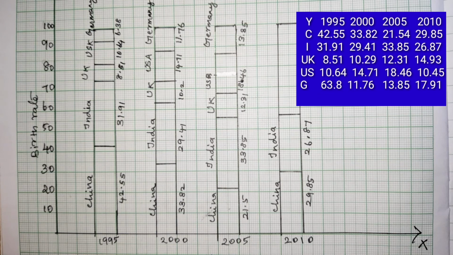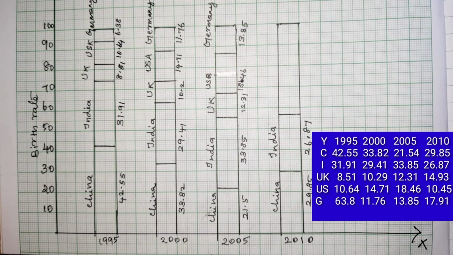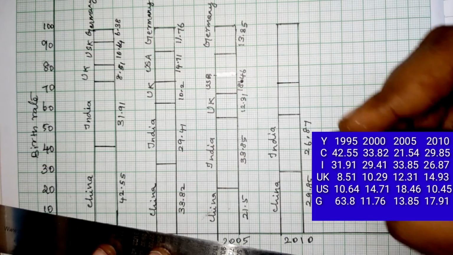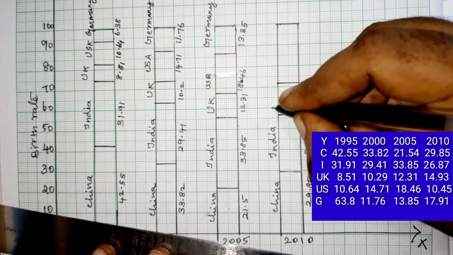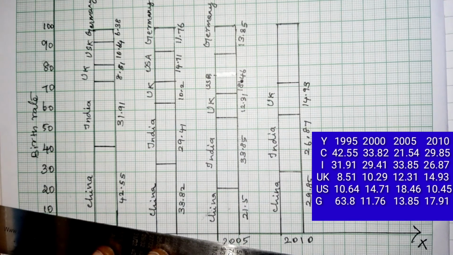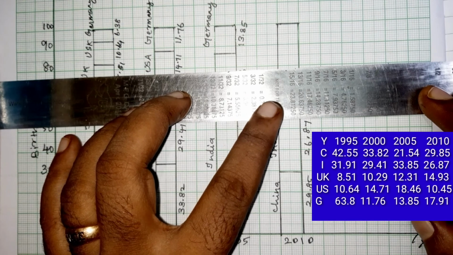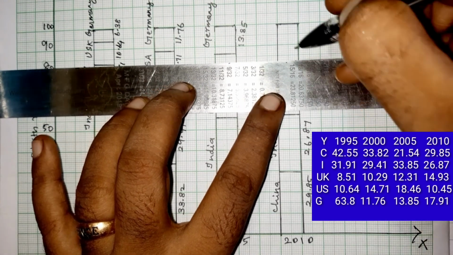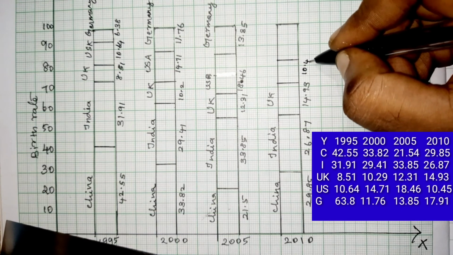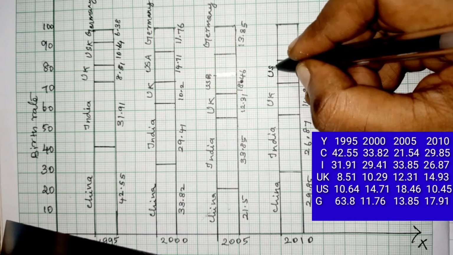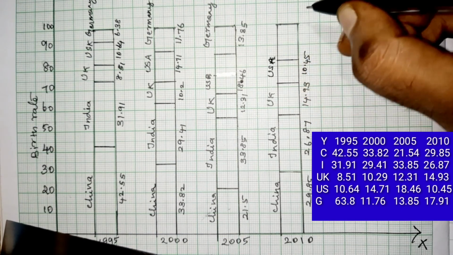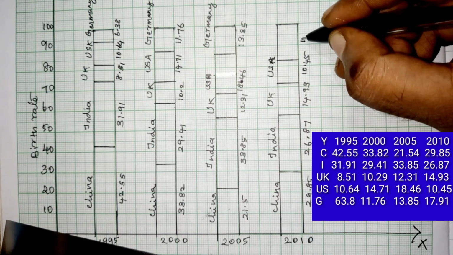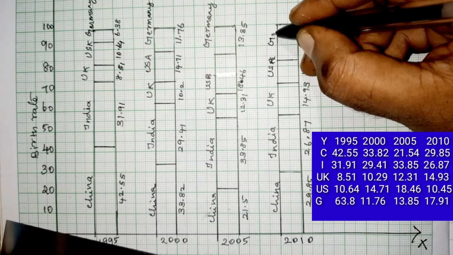Now for UK, the percentage is 14.93, so you mark it at 71.65. And for USA, the percentage is 10.45, so you mark it at 82.1. The remaining portion is for Germany, 17.91.